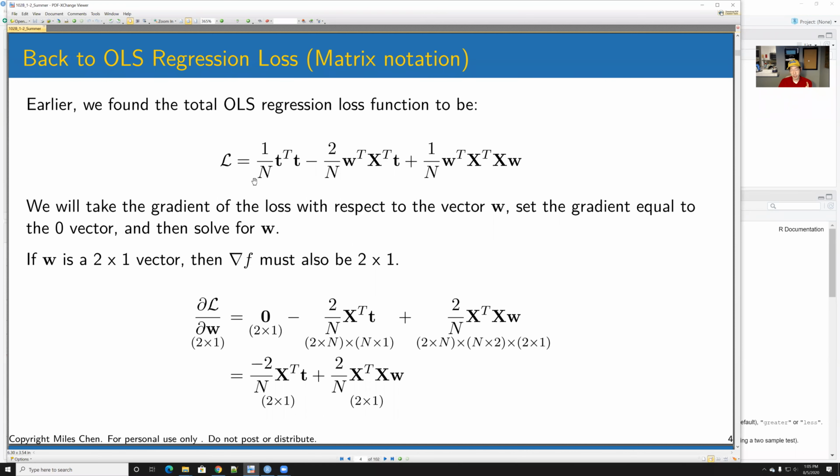And so we treat the actual values t as fixed, and we treat the input values x as fixed, and the only thing we can manipulate is w, the intercept and slope, the vector of w's, right? And so what we're going to do is take the derivative of the loss function with respect to w, set that equal to 0, and solve for w, right?